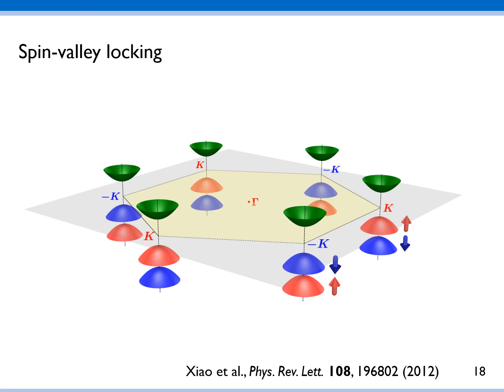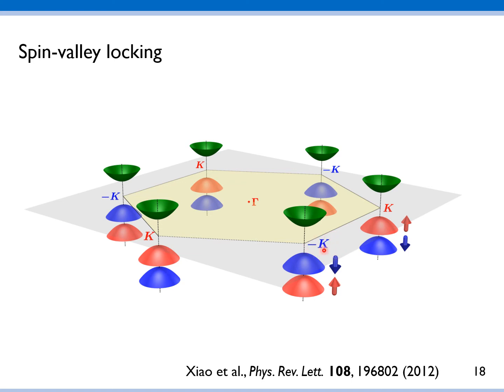In transition metal dichalcogenides, because of the transition metal d orbitals, we have very strong spin-orbit interaction. Now, once we break the inversion symmetry, this leads to a spin splitting of the previously degenerate bands. And we can see that because of Kramers' theorem, the spin splitting is opposite in the two different valleys.